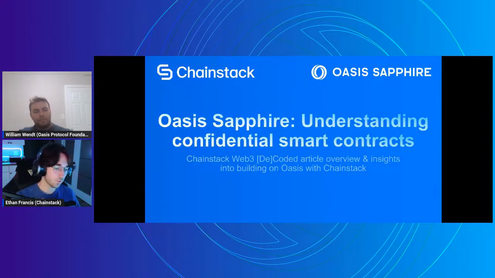It has examples, full tutorials on creating smart contracts, building different scripts, etc. I'm going to go through one that we created that highlights, as I mentioned in the beginning, the realistic differences between deploying a smart contract on Ethereum, for example, and deploying something on Oasis Sapphire, and what the privacy looks like in actuality, and of course deploying that with Chainstack nodes. So let me stop sharing again here real quick, and I will open that up.